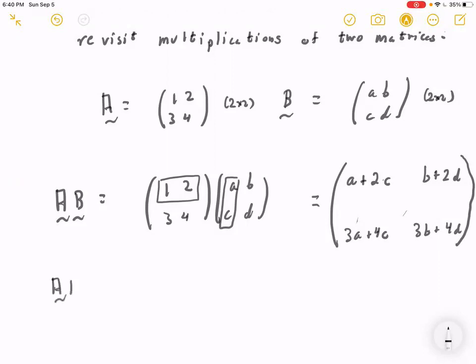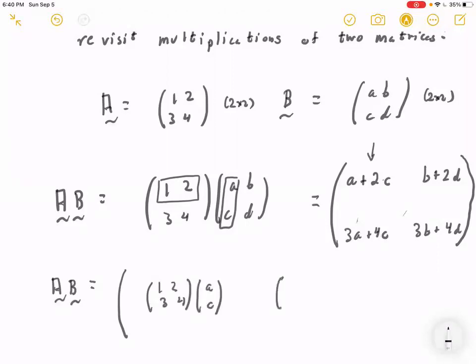Well, I want to recast this. If I look at this first column, it's really 1, 2, 3, 4, that matrix times that vector.